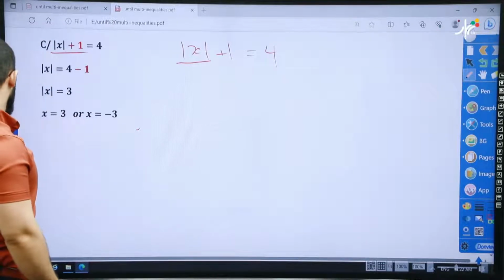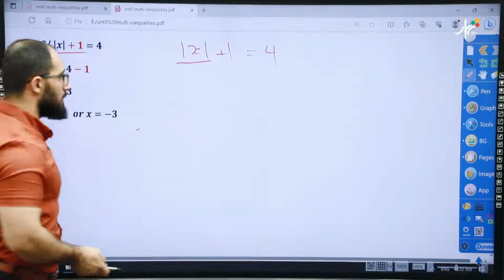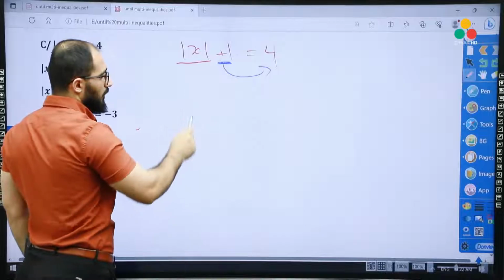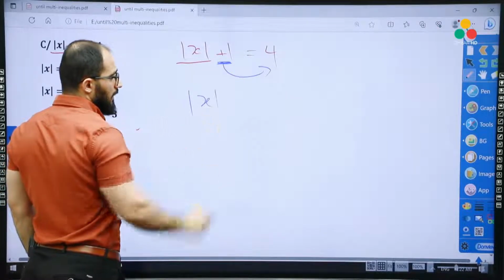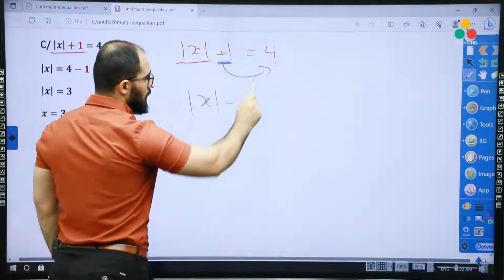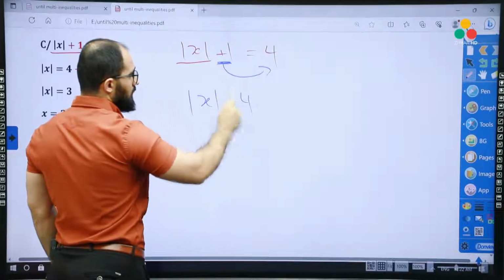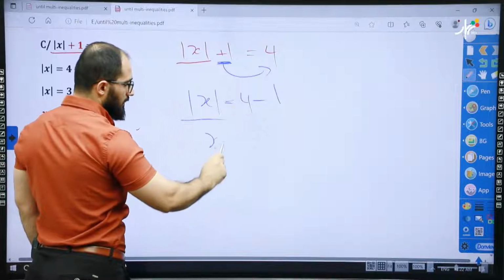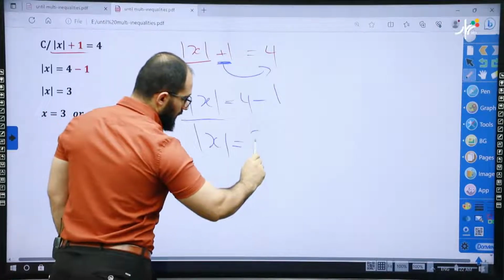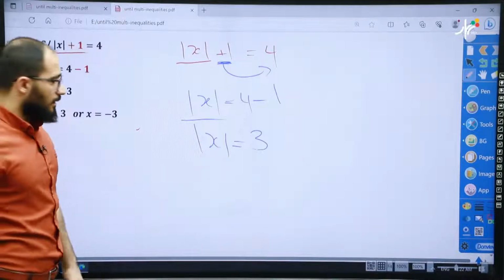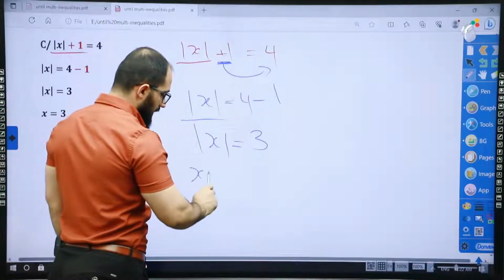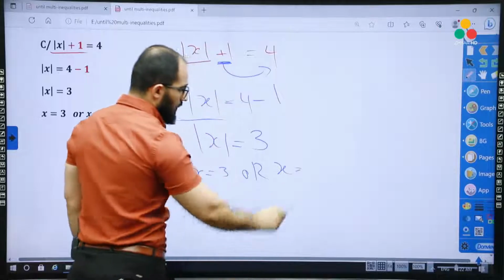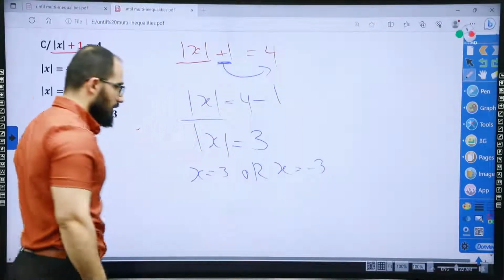As always, we solve equations by moving positive 1 to the other side. The absolute value of x is equal to 4 minus 1, which is 3. Then x is equal to 3 or x is equal to minus 3.